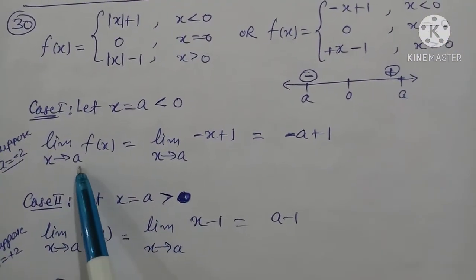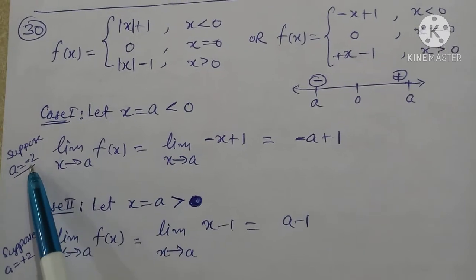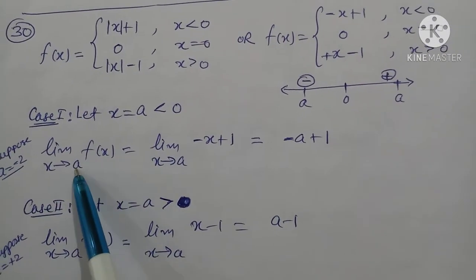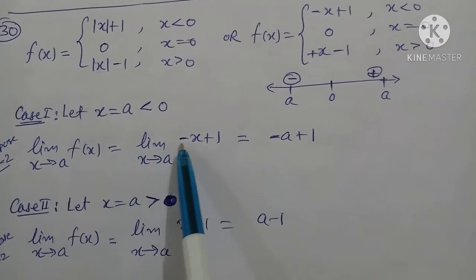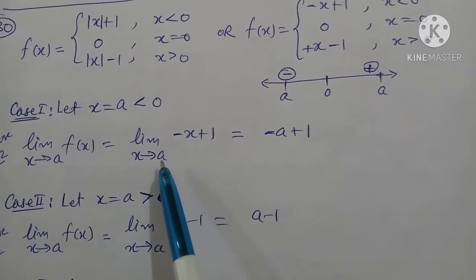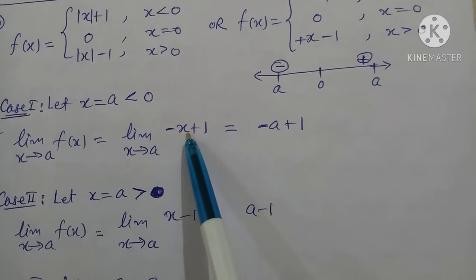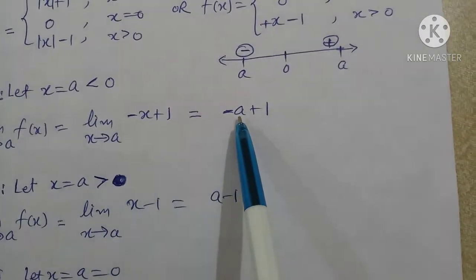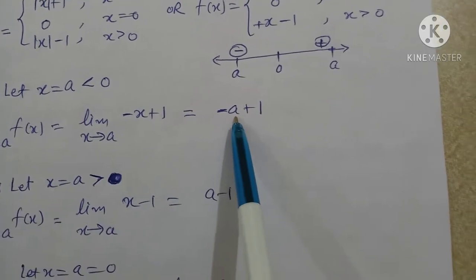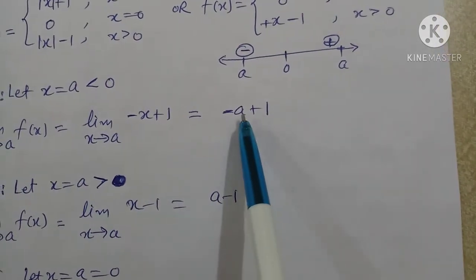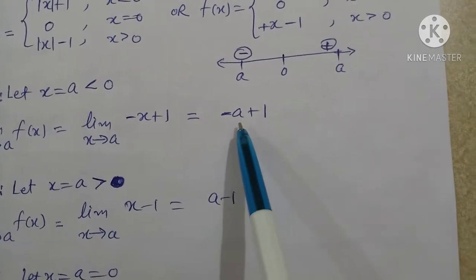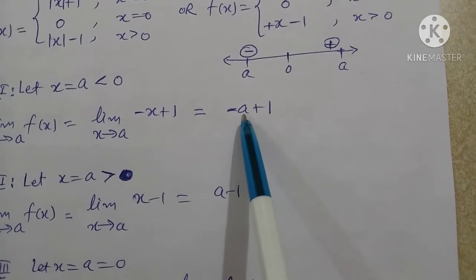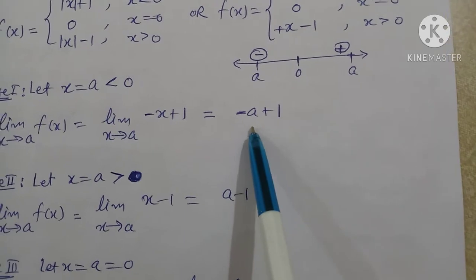So limit x tending to a, here a is negative, suppose like minus 2, so function is minus x plus 1, and now raise the limit. In place of x write a, so you will get minus a plus 1, because here a is negative like minus 2.